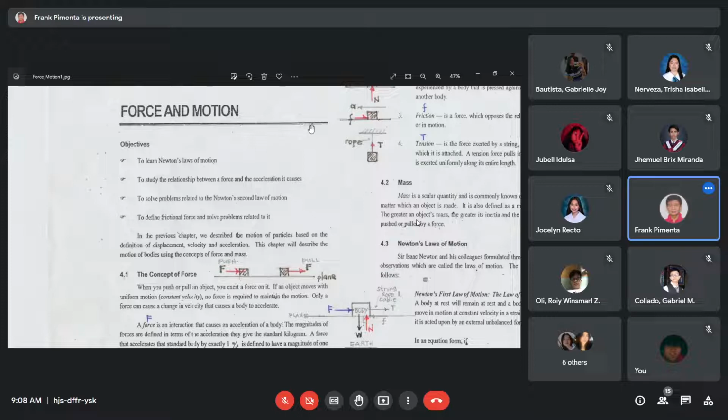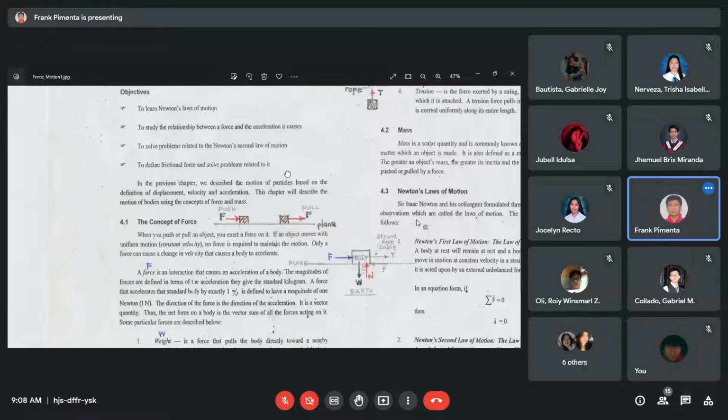If the object changes its position, it covers distance or displacement, and the corresponding time. Okay. Now, there is another quantity that is very important in describing motion, and it is the quantity force.